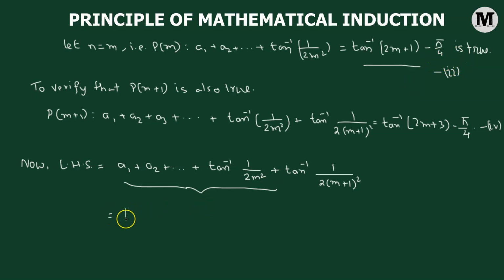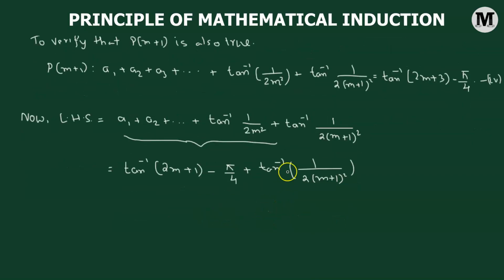So that means we have tangent inverse of 2 times m plus 1 minus pi over 4, added to tangent inverse of 1 over 2 multiplied by (m plus 1) whole squared. Fine. So we are going to combine these two terms, and we'll have to show this is equivalent to tangent inverse of 2m plus 3 minus pi over 4.